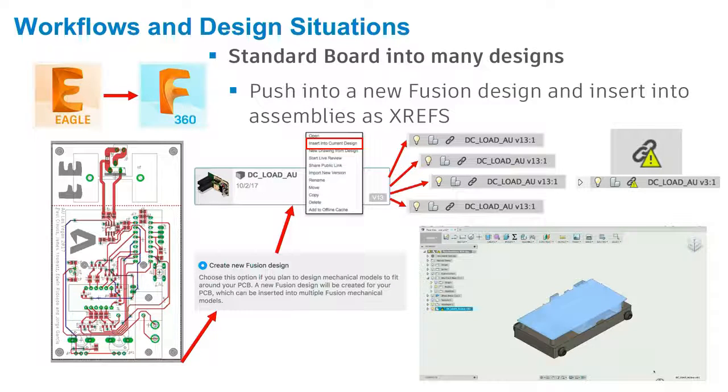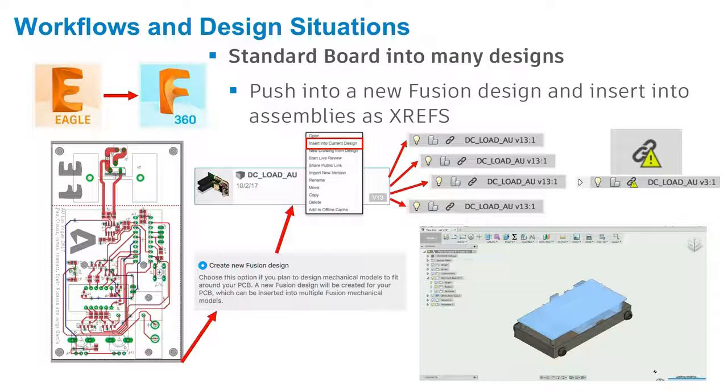We can even save different configurations of the board as file versions because we have the Choose Version tool with XREFs in Fusion. In this little video down there, we have a version with and without a heatsink, and we may only know which one we want to work with later on in the design process. So we have the option to pull either easily into the design, visualize it, all of that.